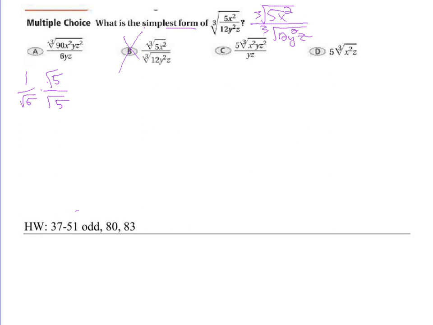So, let me change colors here because purple's not working for me right now. Third root 5x squared, third root 12y squared z. My fancy one is going to be the third root of 12y squared z, squared.